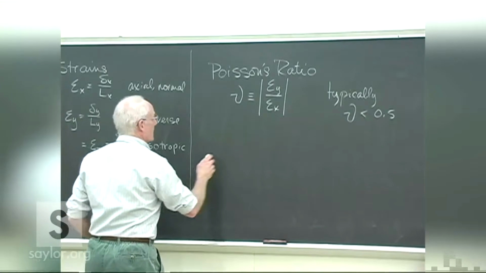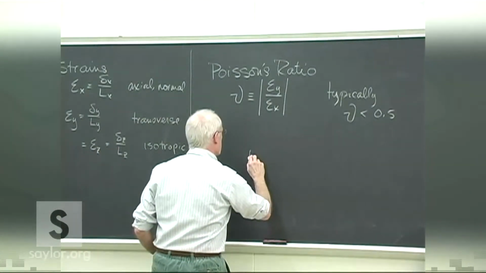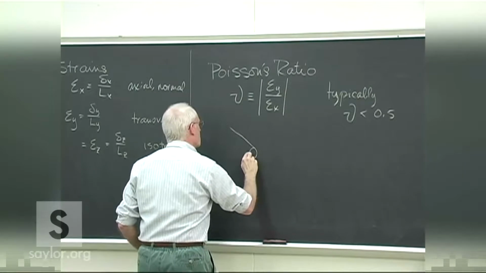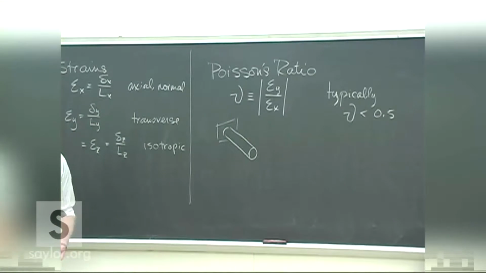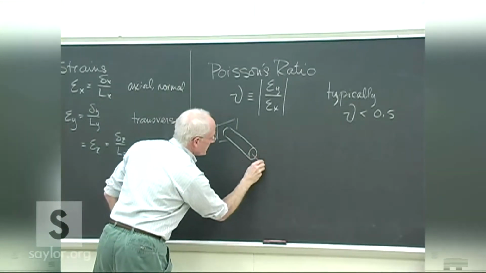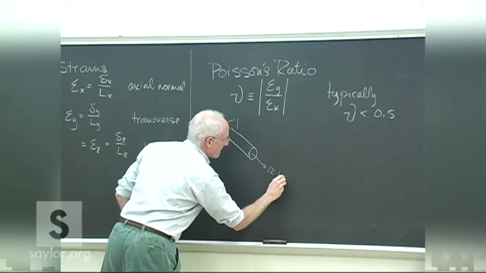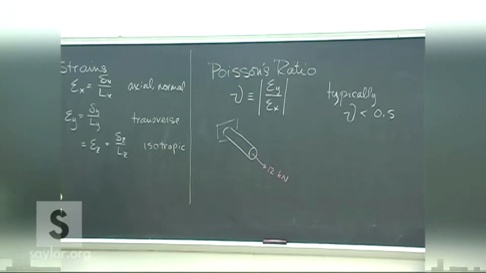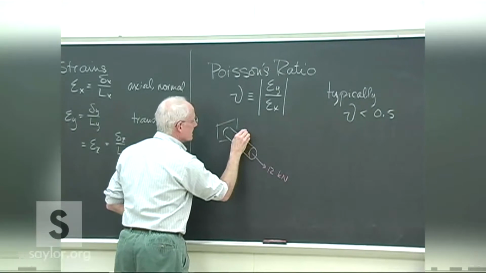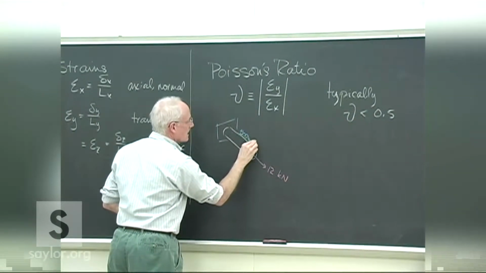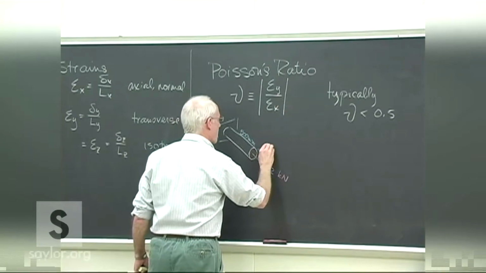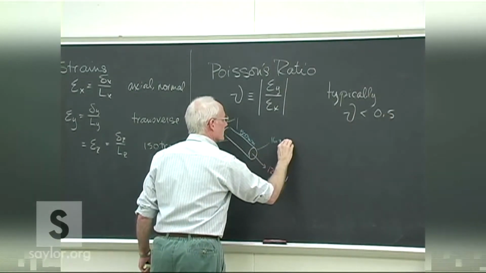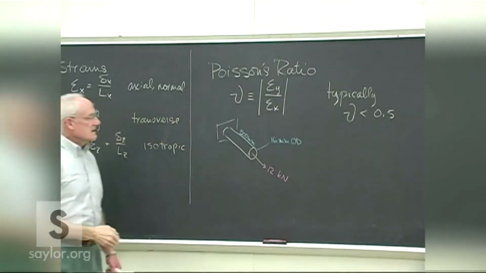And so we can actually use this calculation. We had this problem, I think, last week. We had an axially loaded piece that was originally 500 millimeters in length and 16 millimeters OD.